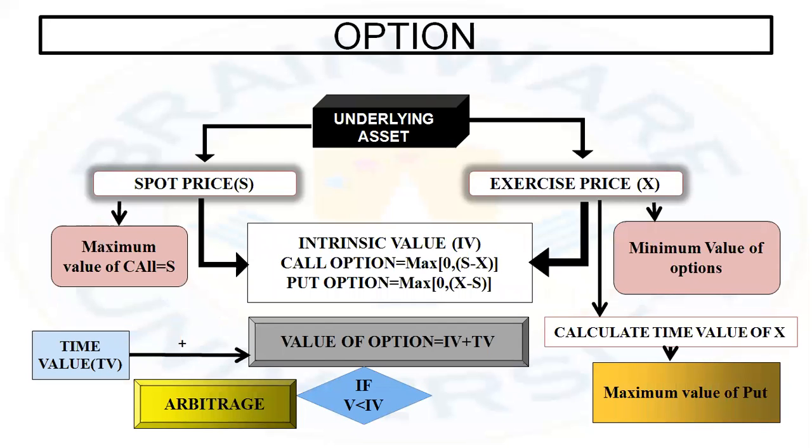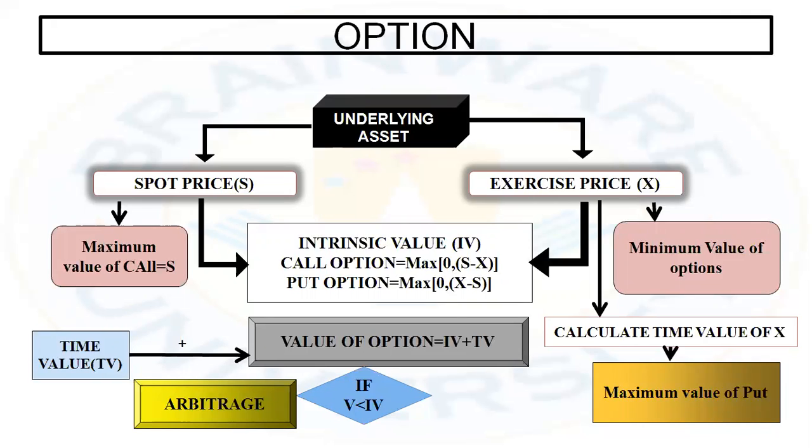In the second slide, whatever we have discussed has been shown by a diagram. If you look at the diagram, the underlying asset of an option has two associated prices. One is the spot price, the other one is the exercise price. The exercise price is included in the derivative contract and the spot price is stated on the date of settlement.